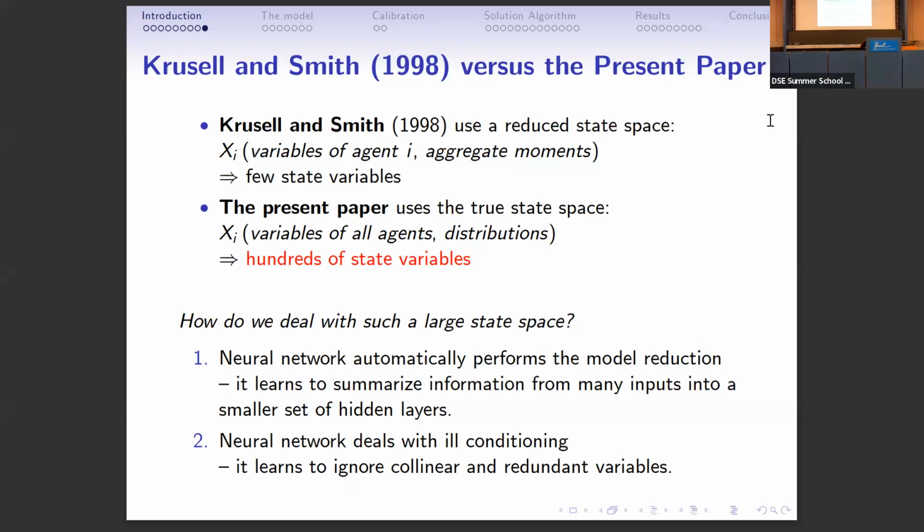For the Krusell-Smith model it was not an issue, so 1,000 agents. Usually the bottleneck is memory overflow. The computer doesn't have enough memory to generate so many data points, so it's hard to deal with that.